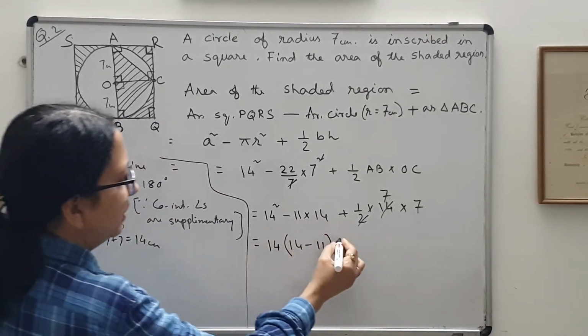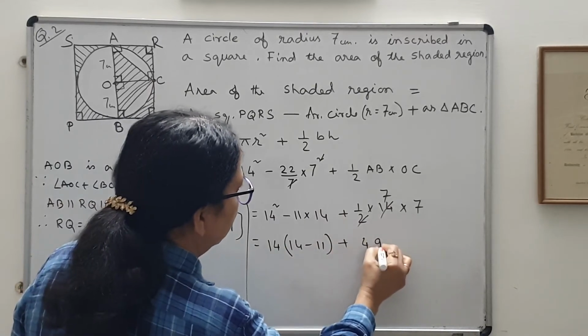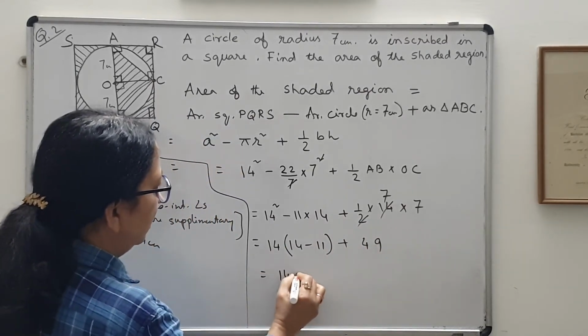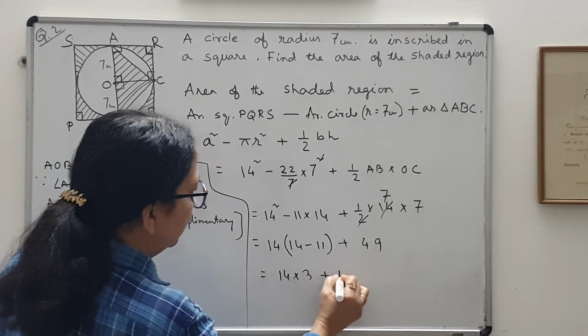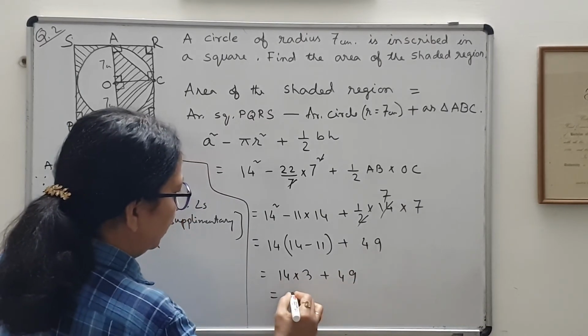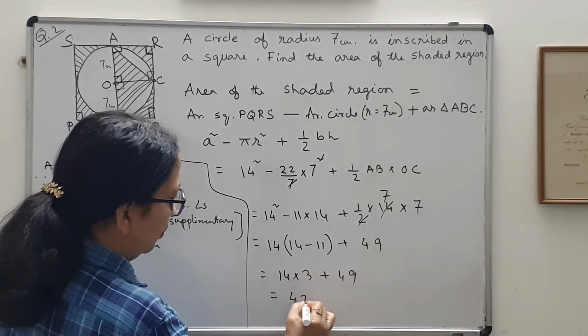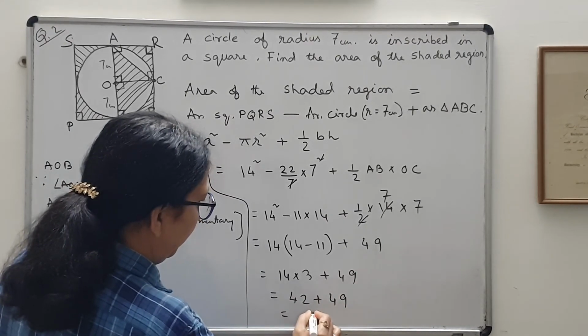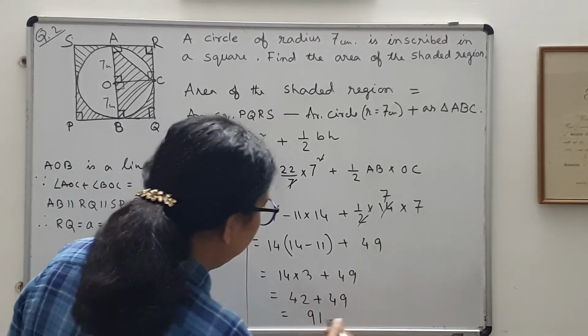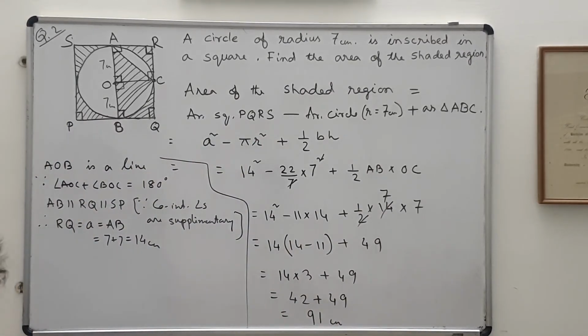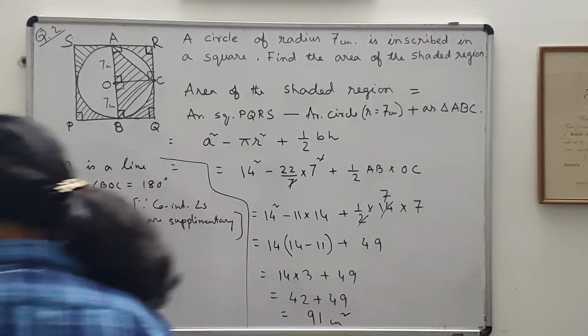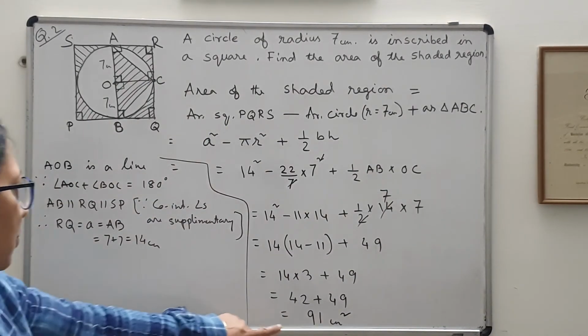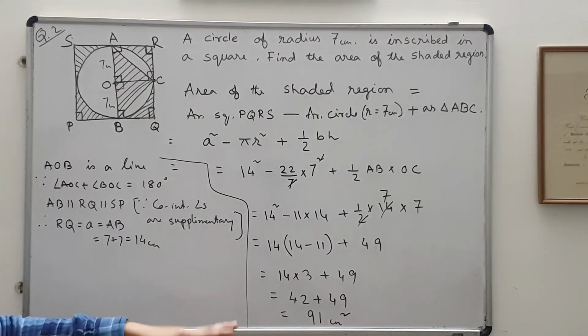In this I've taken 14 and then it is 49. So 14 into 3 plus 49, it is 42 plus 49, 91. So the calculation becomes very easy. The area is in centimeter square. 91 centimeter square is the area of the shaded region.